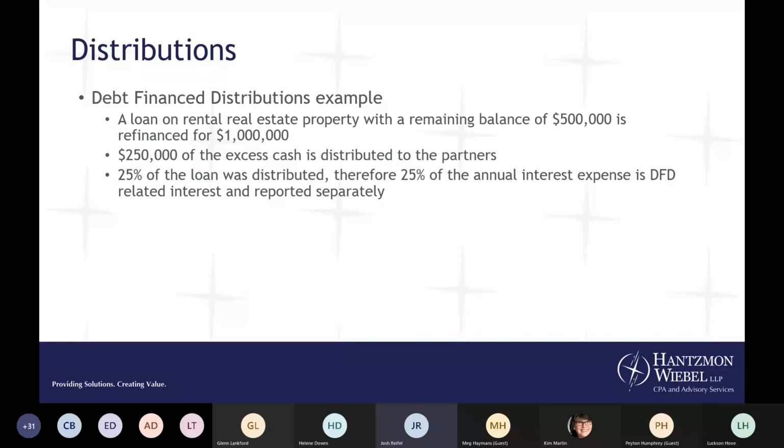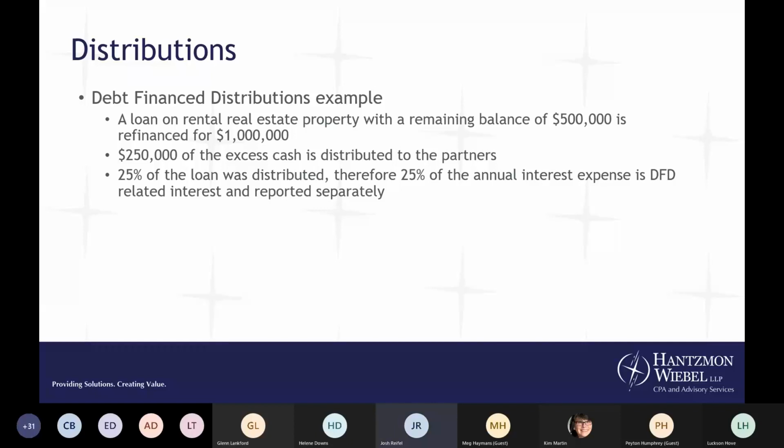So how do you calculate that? We'll go through a quick example. Again, using my example from before, a loan on a rental real estate property with a remaining balance of $500,000 is refinanced for $1 million. $250,000 of the excess cash is distributed to the partners. So in effect, 25% of the loan that was received was distributed.